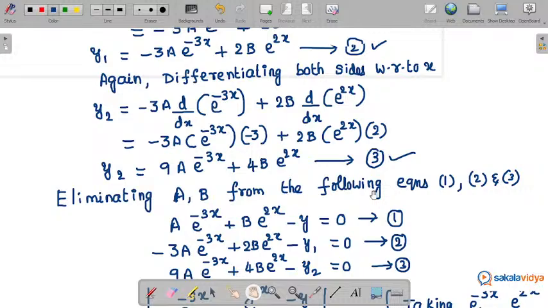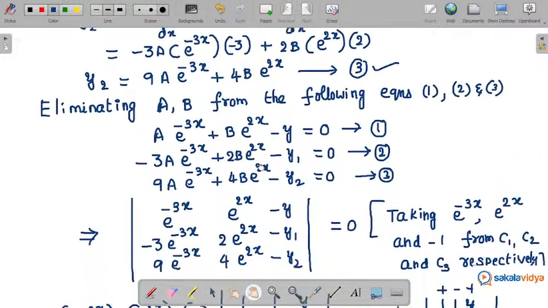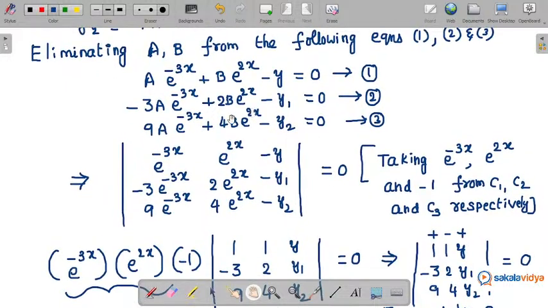Eliminating a, b from the following equations. Now we are rewriting the equations. This is very important. In the first equation, the term on the left hand side has been brought to the right hand side, transposed, as it is called in mathematical language. So a into e power minus 3x plus b into e power 2x minus y equals 0, equation 1.